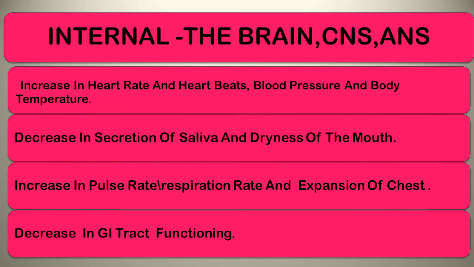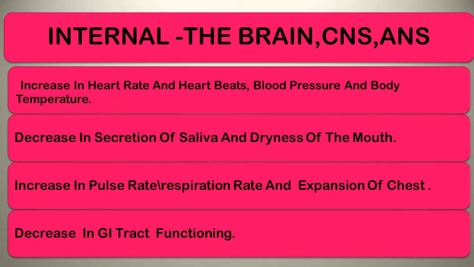In internal, there come the brain, the central nervous system, the autonomic nervous system, and the glandular system. This system will experience an increase in heart rate and heartbeat, blood pressure and body temperature.